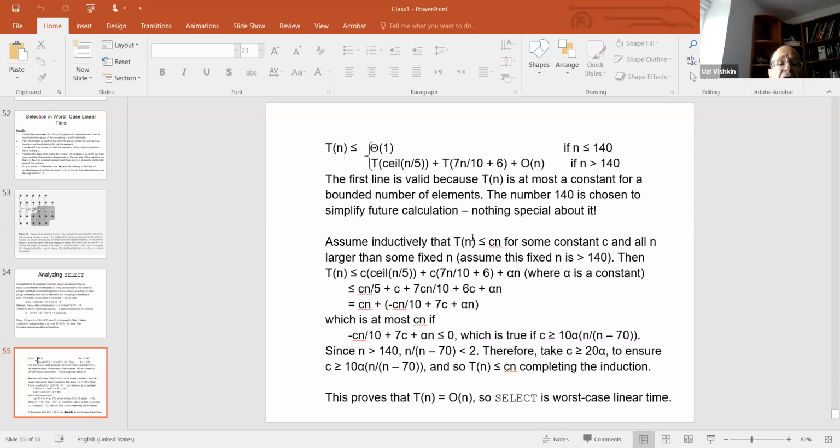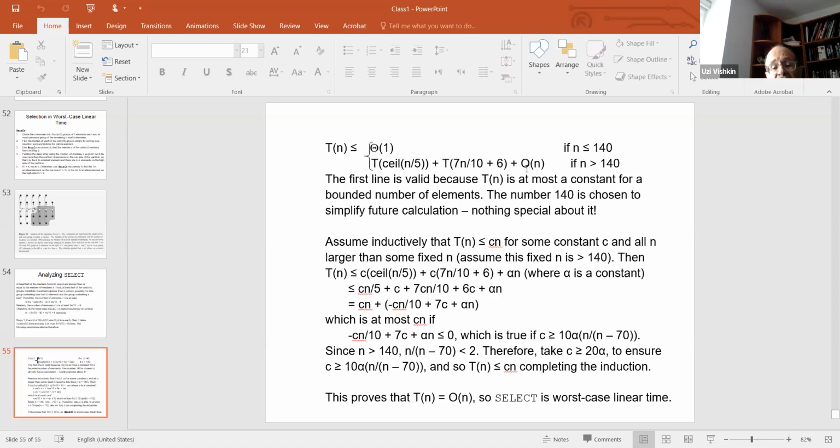So now, what is my challenge? My challenge is you give me this recursive inequality. T of n is at most T of n over 5 plus T of 7n over 10 plus big O of n. Now we need to solve this recursion. And how are we going to solve it?